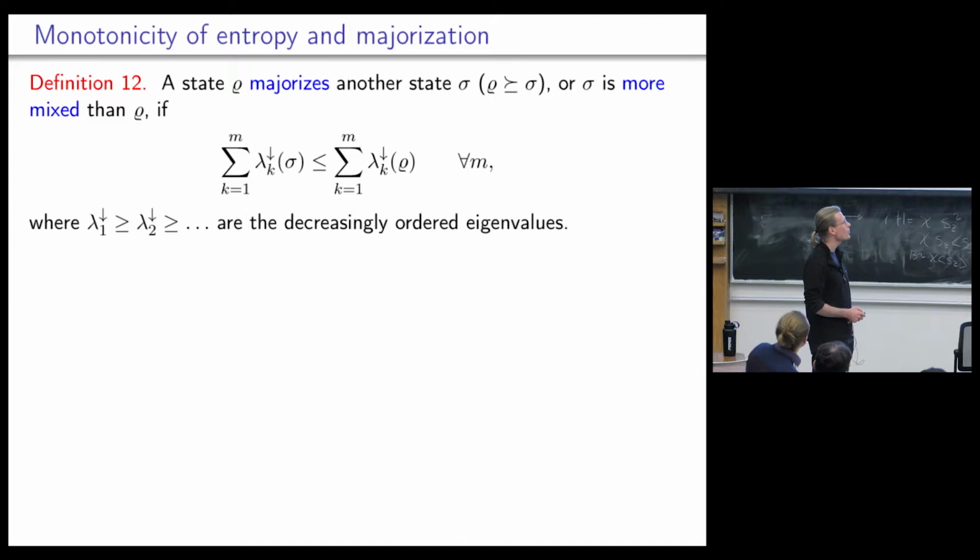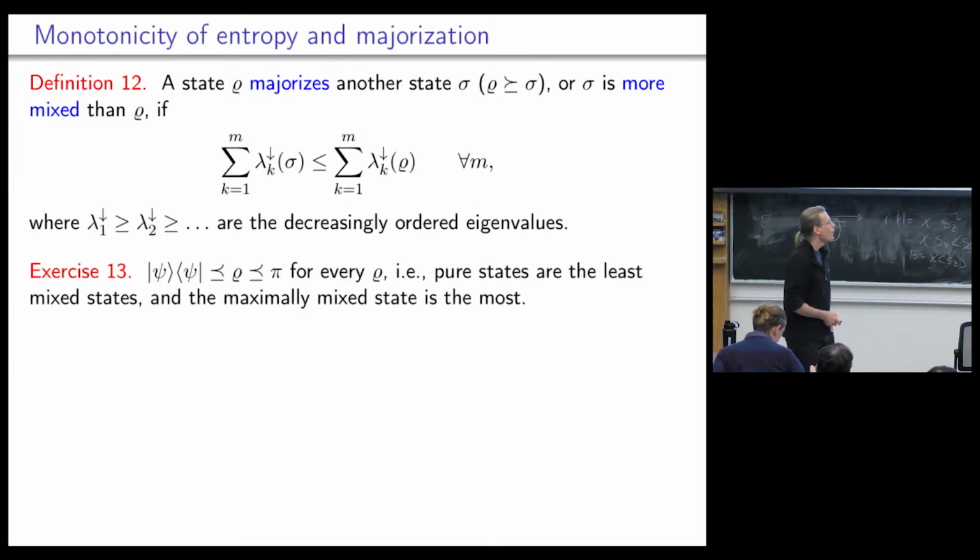So we say that a state rho majorizes another state sigma, or that sigma is more mixed than rho, if the following relation holds, taking the decreasingly ordered eigenvalues of both operators, then summing up the m largest ones should be larger for rho than for sigma for every possible m. Okay. It's not completely clear why this is a good or interesting definition, but we will see it in a moment that it is.